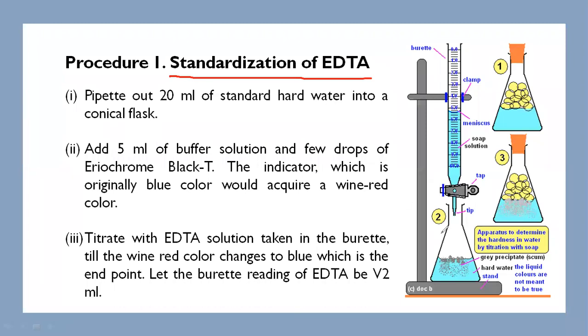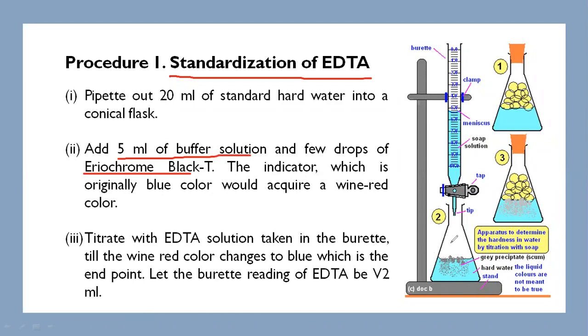We add 3 to 4 ml of buffer solution and a few drops of Eriochrome Black T indicator. The indicator, which is originally blue, acquires a wine red color.